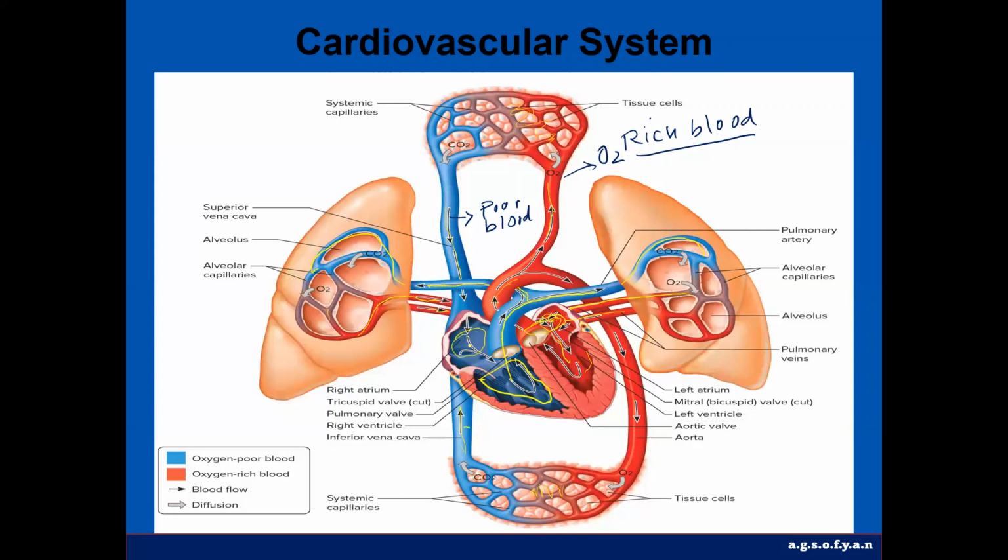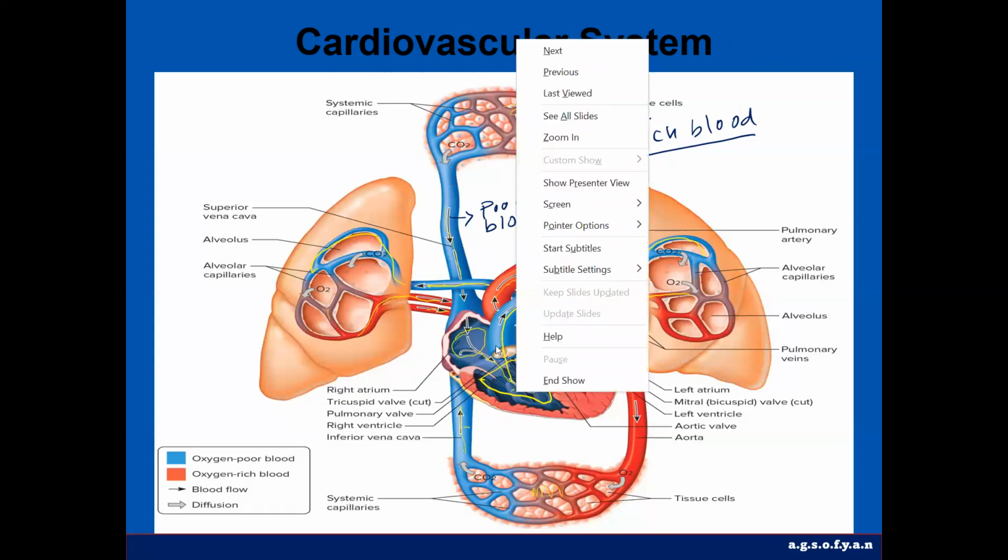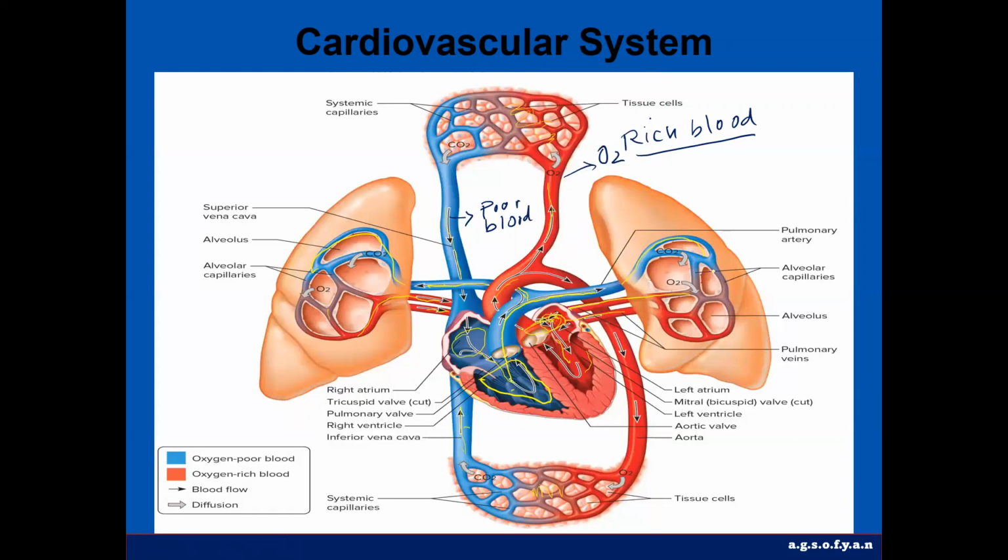This is the right atrium. And the color will be blue because this blood is poor blood. There is no oxygen in this blood. From the right atrium, the blood will go down to the right ventricle, and then it will be pumped into the lungs. And it's continuously like that.